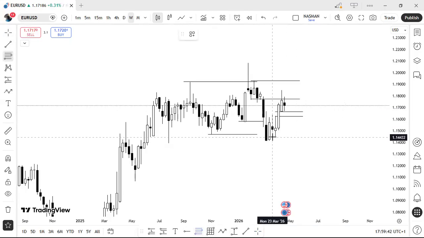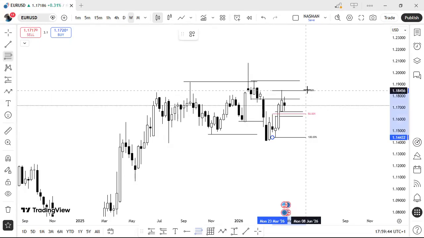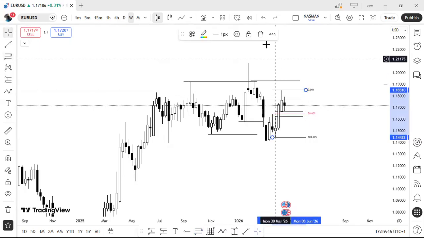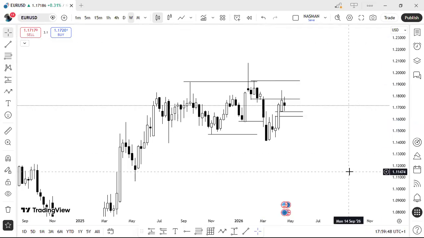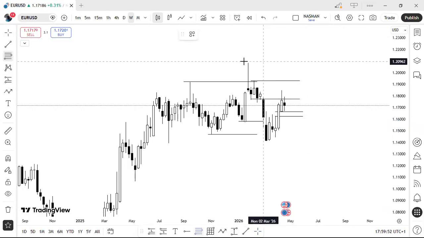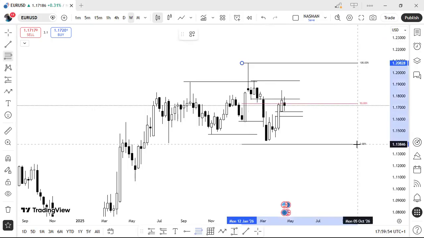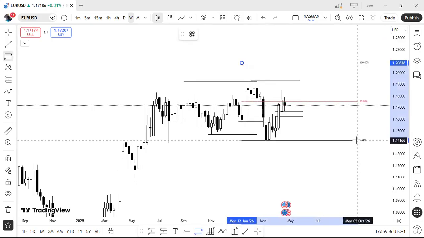If you look at the PD array, it is on the discount side. And most times, price buys from the discount and sells from the premium because the current position of EUR/USD is on the premium. And that is why I took the opportunity to sell EUR/USD within the past week.